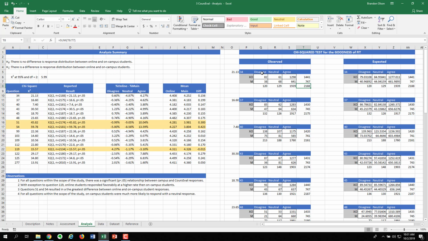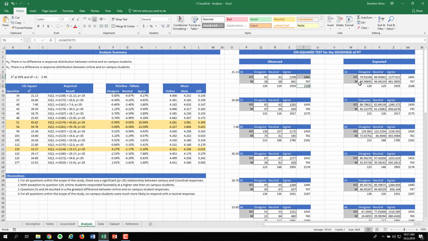Now, those were the observed results. So then what I needed to do was calculate the expected results. This would look at the percentage of students that were online students. If I take the 144 and divide that by 2188, that will give me the percent of respondents that were online respondents.